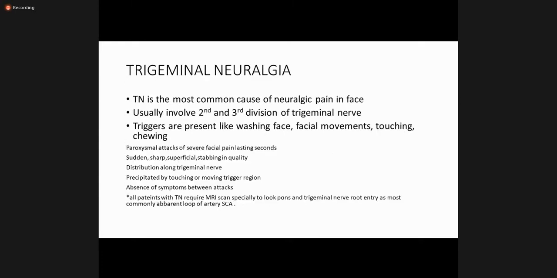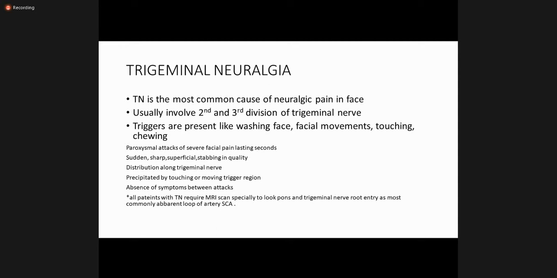Now we come to trigeminal neuralgia, which is the most commonly encountered type of trigeminal autonomic cephalgia in our clinical practice, and this is the most common neurological cause of pain, especially in the region of the face and the distribution of the trigeminal nerve. The pain is worse along the second and third divisions of the trigeminal nerve.